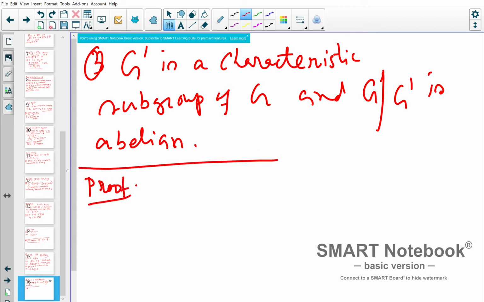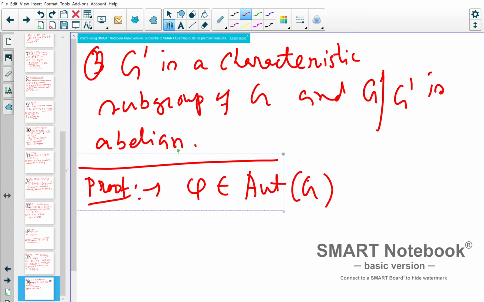First you need to check what happens under an automorphism. Suppose phi is any automorphism of G. What does phi do with the commutators?